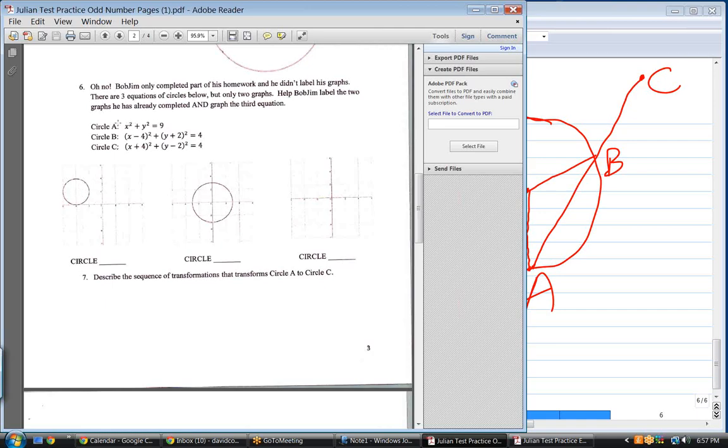What's the radius of circle A? It's 3. The equation of a circle is x squared plus y squared equals r squared. Well, if we look at this, that's 3 units from there to there. So this circle is definitely circle A. This circle over here, where's its center?